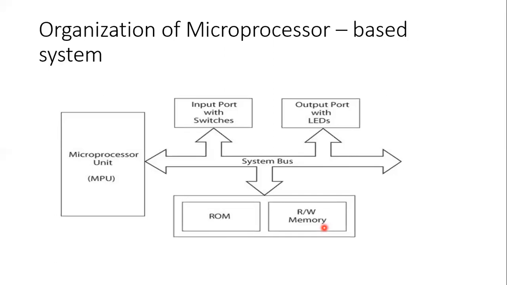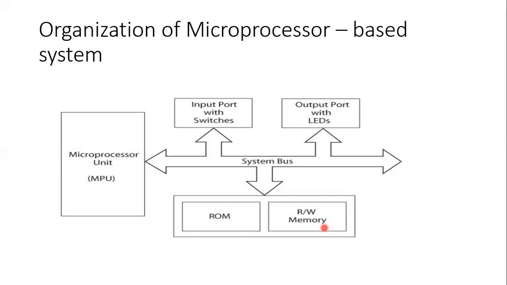That is, when the power has gone, the content in the read-write memory will be lost, whereas the content in the ROM will not be lost. So some programs which are frequently used or boot program used by the operating systems are stored in the ROM. The user programs, for example, if you want to write a C program or C++ program, that you may change frequently, then you can erase it, you can copy it, everything is done in the read-write memory.